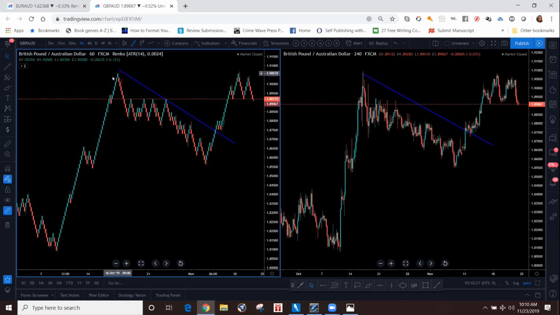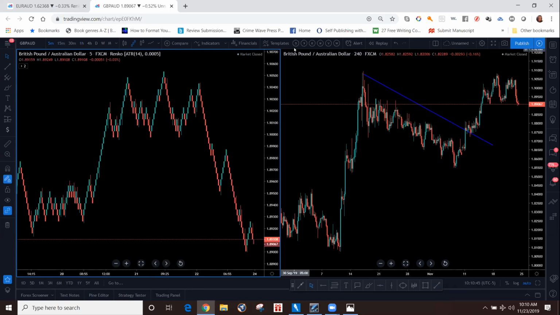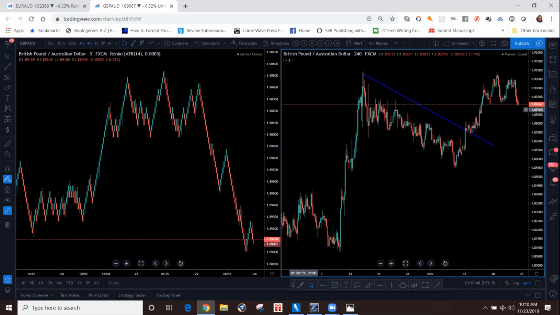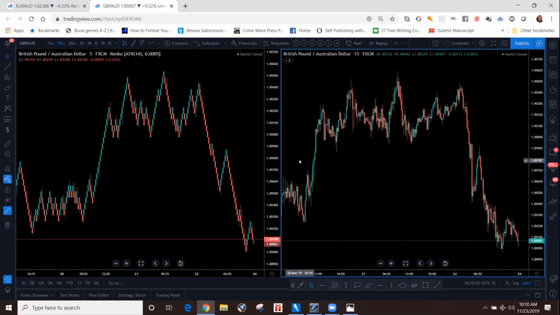It's not going to complete this brick until it does exactly what this average says, and those wicks are failures. I just want you to make sure you're familiar with the time frames. If you're looking at your 4-hour candles, that's your 1-hour Renkos. So let's begin from the beginning. Your 5-minute Renkos is going to be like your 15-minute candles. Okay, see that?